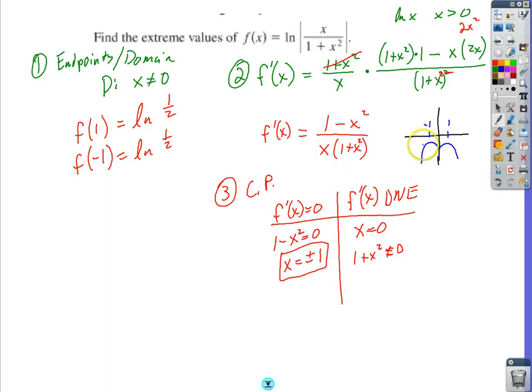That means that I have local maximums, or actually absolute maximums, at those two places. So, again, I write this out. F of x has an absolute max of the natural log of 1/2 at x equals both spots, plus and minus 1.